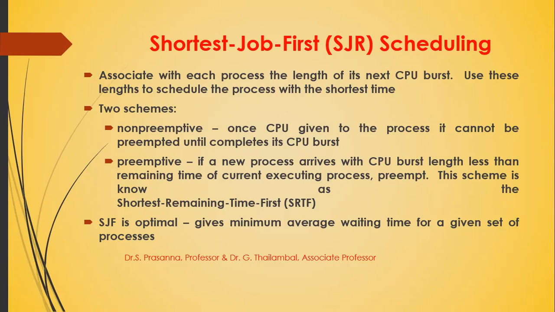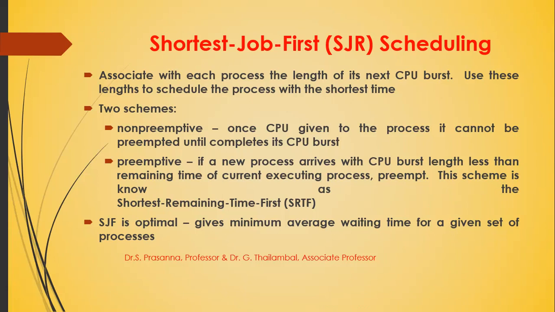If it is non-preemptive, once the CPU is given to the process, it cannot be preempted until it completes its CPU burst. Until the execution is finished, the CPU cannot relieve that process, that is non-preemptive. The process which came after the process in execution needs to wait until it gets completed.